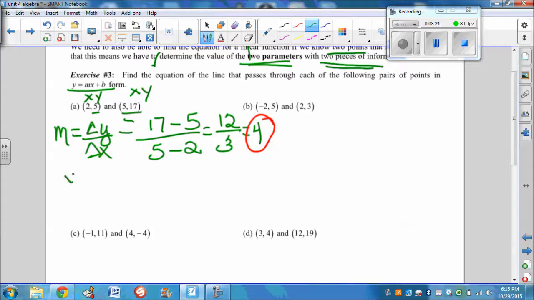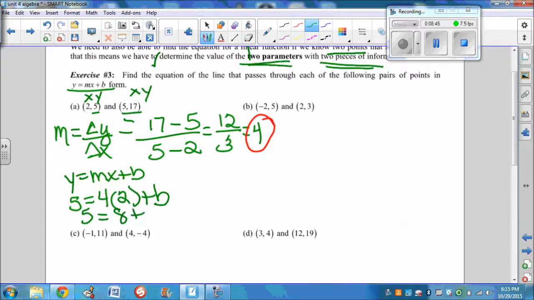So y equals mx plus b. The y from this point, the one I chose to work with, is 5. The slope we just found was 4. The x from that point that I chose to work with is 2. And I've got to find the y-intercept. Solving this, I get 5 equals 4 times 2 is 8 plus b.